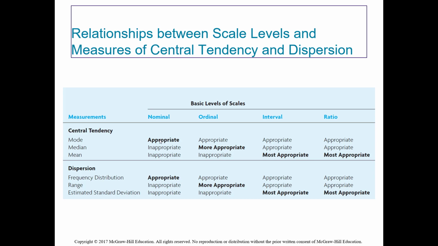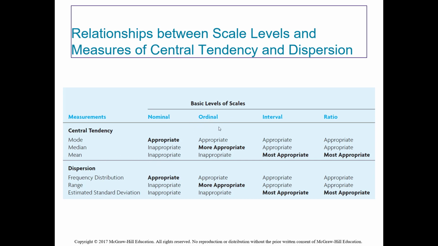We can't say finance is greater than accounting, is greater than marketing, etc. So the only appropriate measure for nominal data is the mode. And we can't use the median, and we can't use the mean.